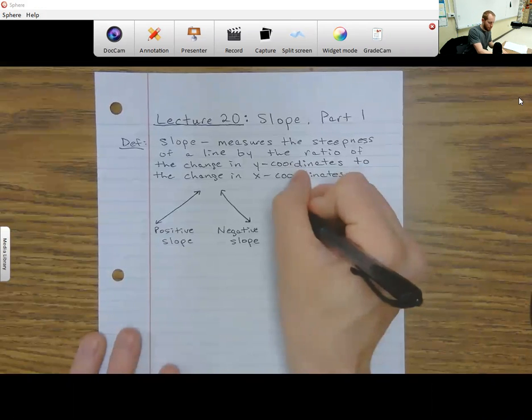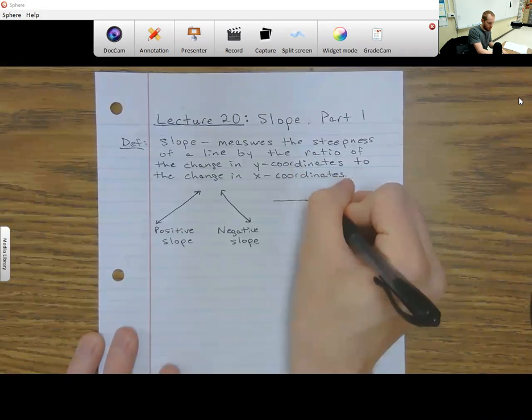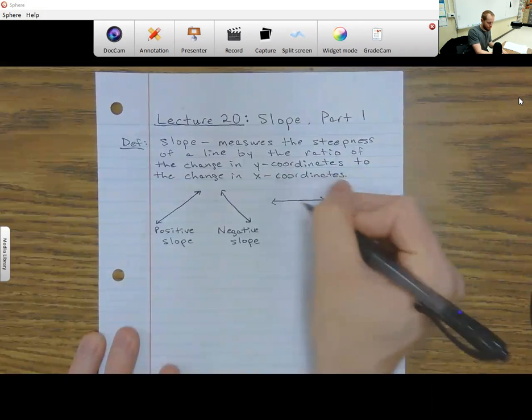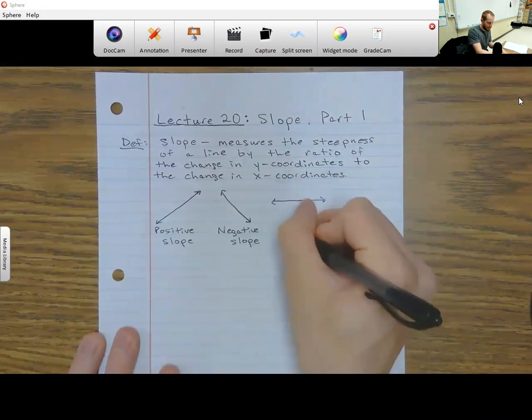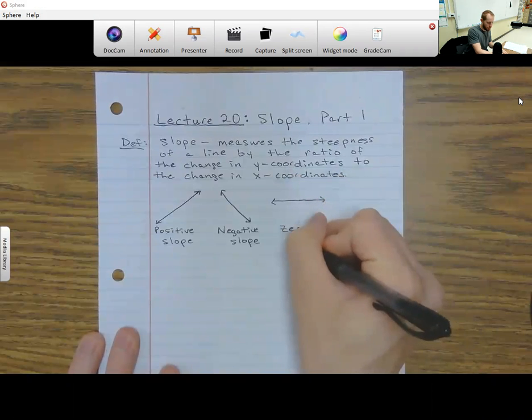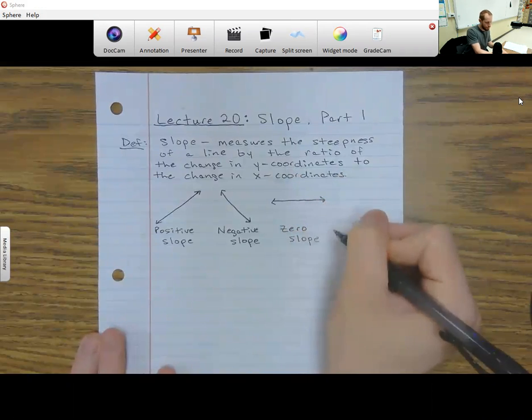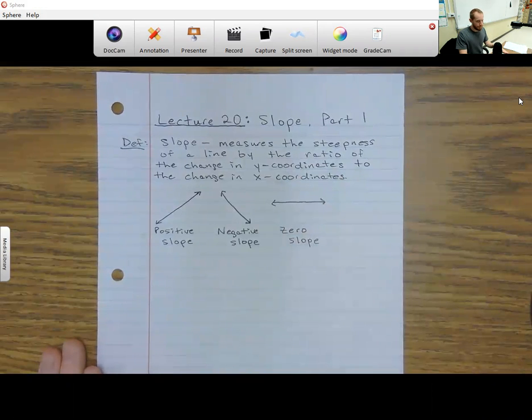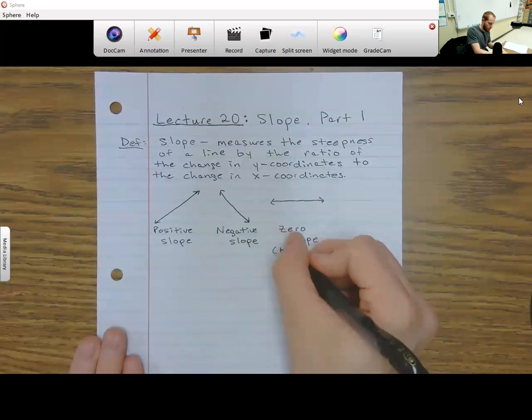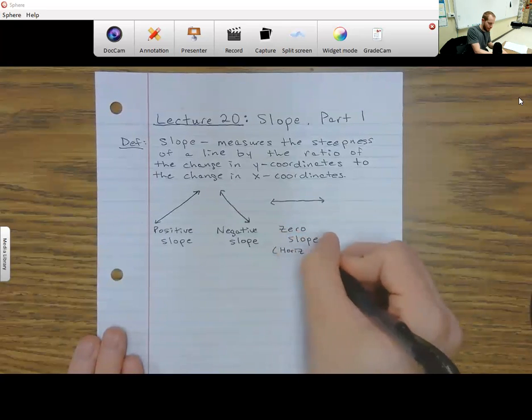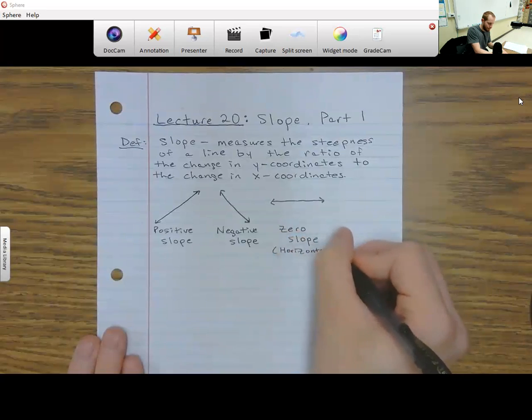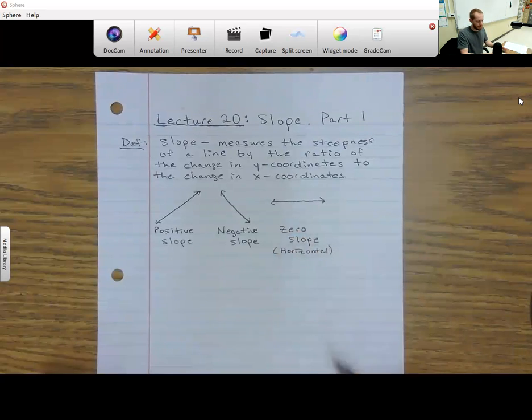Okay. And then there are two more exceptions, right? You could have a zero slope, which would just be a horizontal line. If your slope is zero, there is no steepness to the line. So here your line is completely horizontal, but then you could have an example where the line is completely vertical.